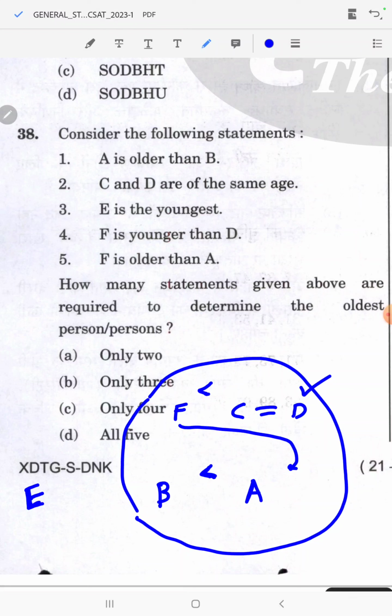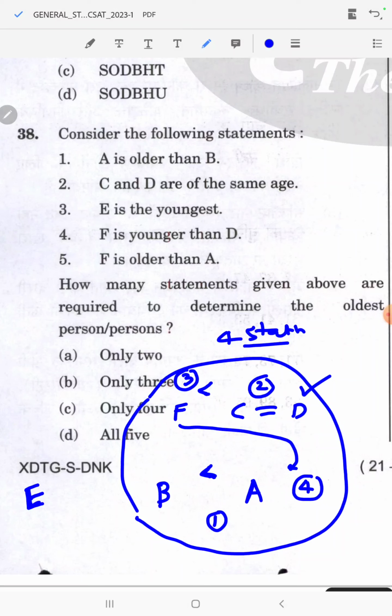For that we required this, then this, then this, and last one is this relationship. So we required 4 statements in order to arrive at the conclusion that D is the oldest.